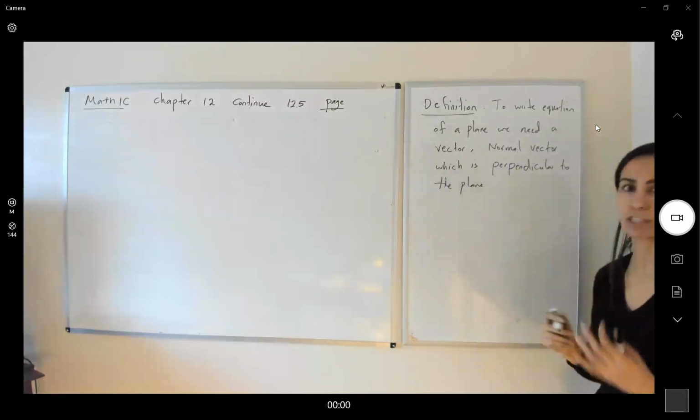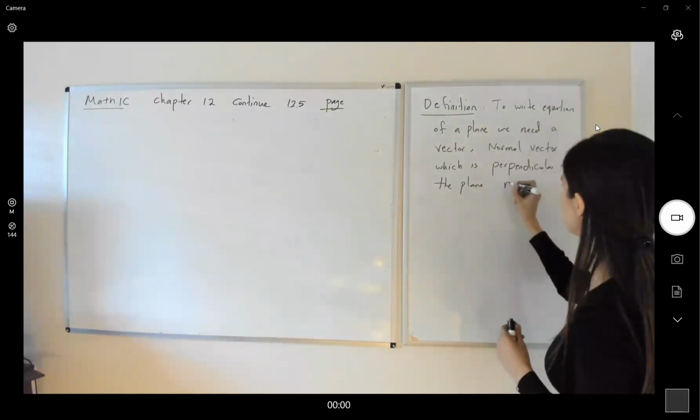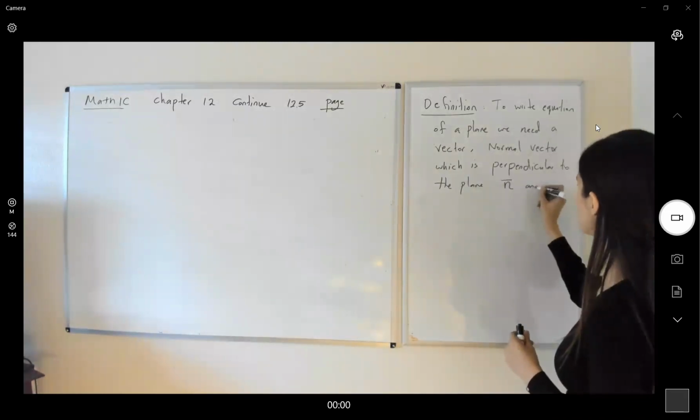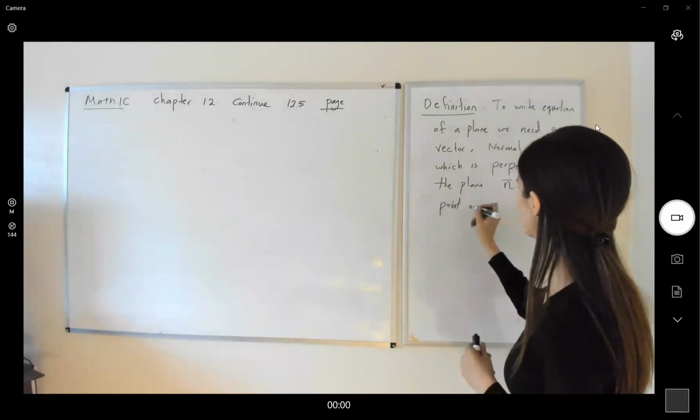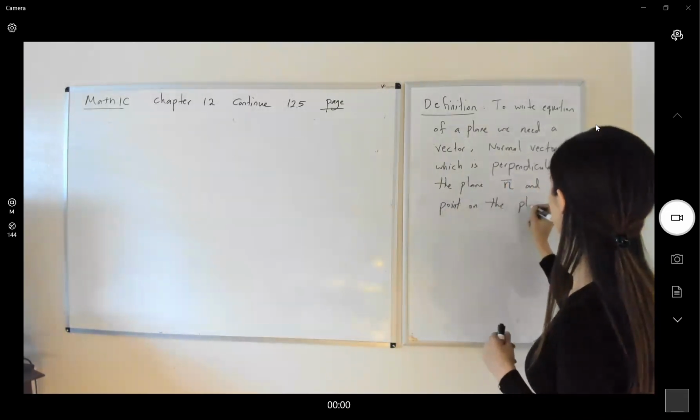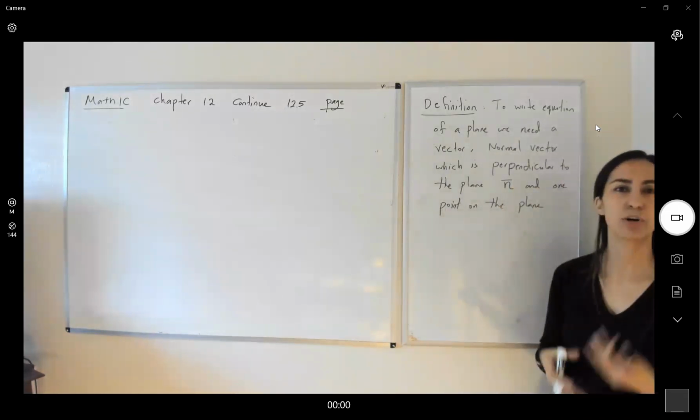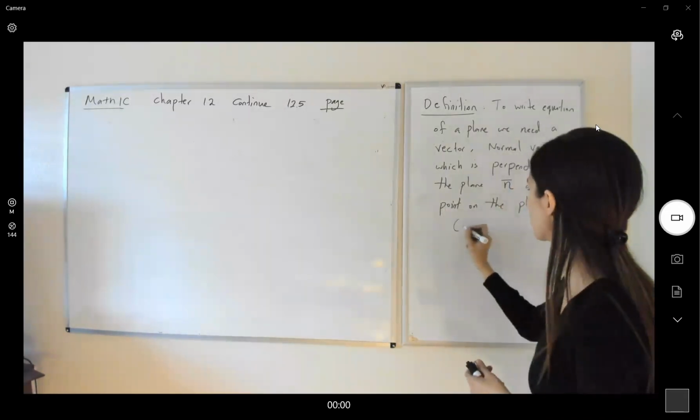We usually denote it by n, vector n, and one point on the plane, like x sub 0, y sub 0, z sub 0.